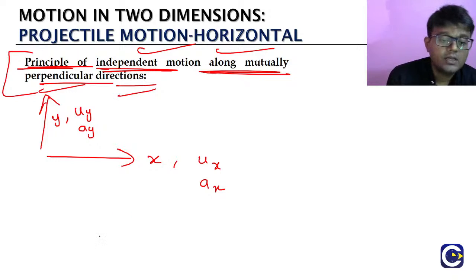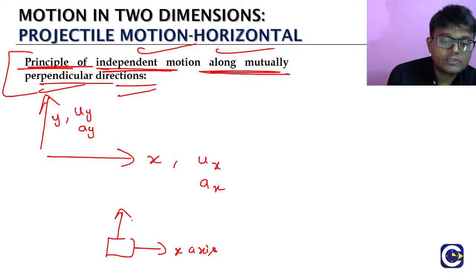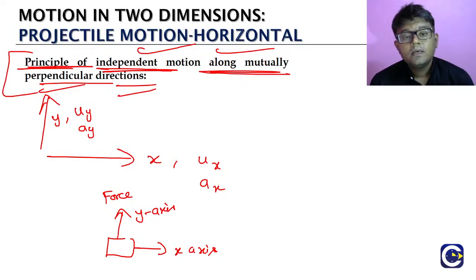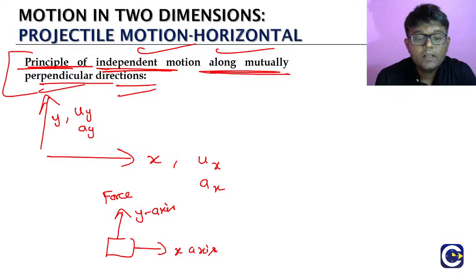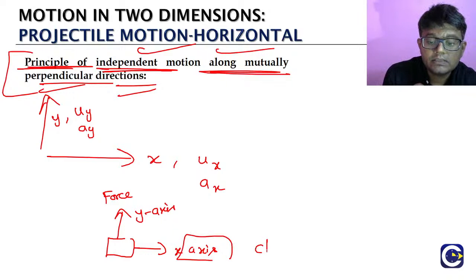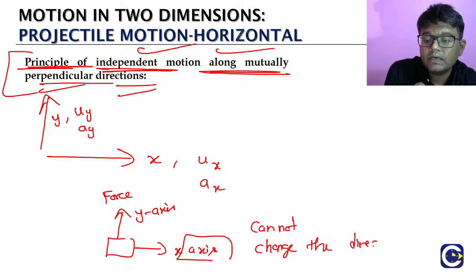And the point is, imagine there is an object which is moving along the x-axis. You apply a force along the y-axis. The force you apply along the y-axis cannot change the motion along the x-axis.